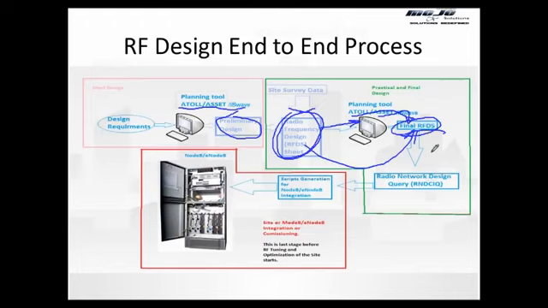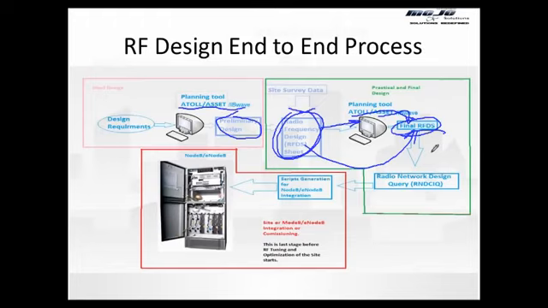But it does not contain some of the information like what PCI we will be using, what frequency exactly we will be using. That is not usually part of RFDS. RFDS contains more about the site information like Node B cabinet type, the height of the antennas, the feeder length, the feeder types.